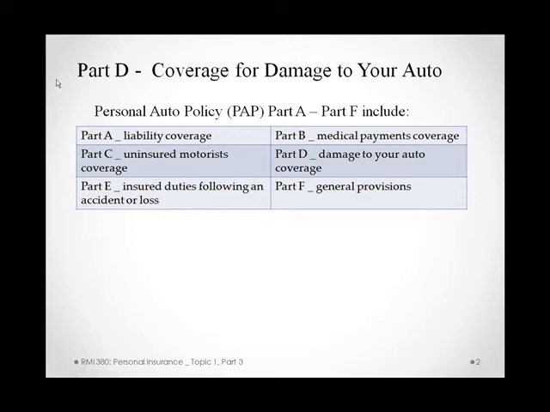Well, it actually does not come from your Part D, but from your Part A, liability coverage, because you have been found liable for someone else's loss. Part D only covers your loss, the damage to your auto.